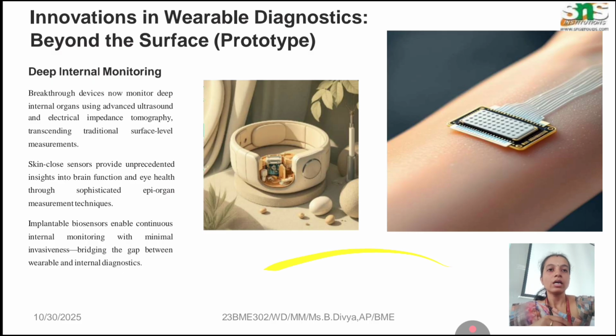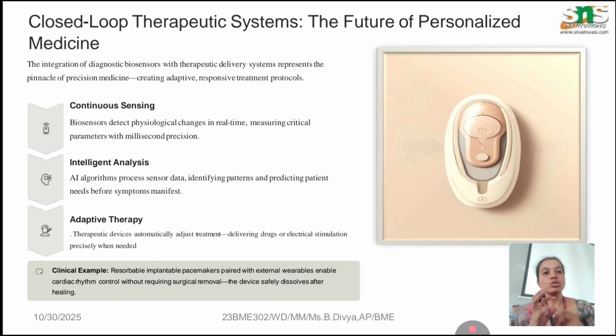Okay. Next is the closed-loop therapy system: continuous sensing, intelligent analysis, adaptive therapies. The future of personalized medicine. Continuous sensing: by using biosensors, continuous sensing of the parameters can be done.